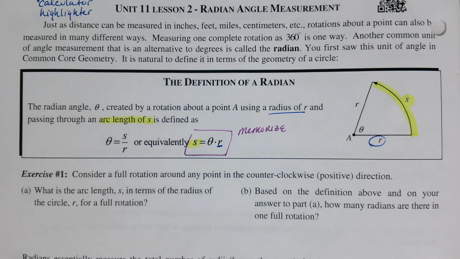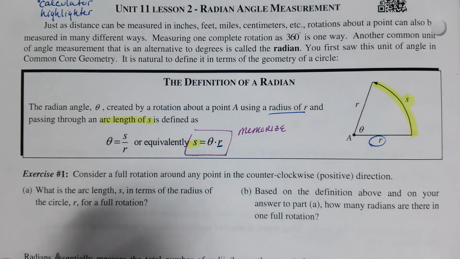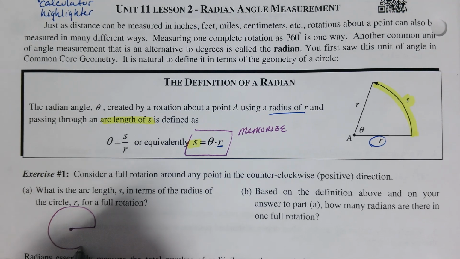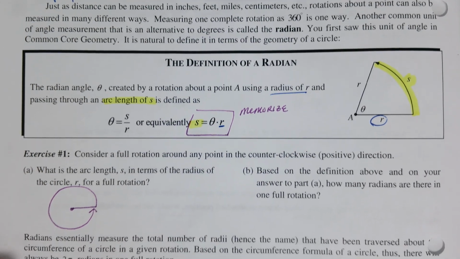Consider a full rotation around any point in a counterclockwise direction. What is the arc length S? So in other words, I'm rotating counterclockwise. What is the arc length of this rotation?